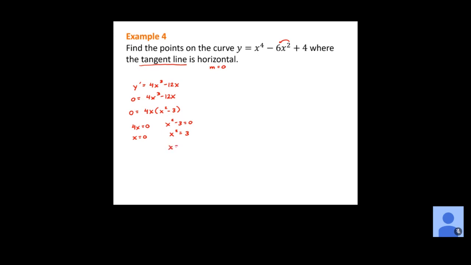Take our square root. And so what are we going to get as our x values here? We get square root of 3, but don't forget it is a plus or minus. Right? So plus or minus square root of 3. Any questions up to that point?